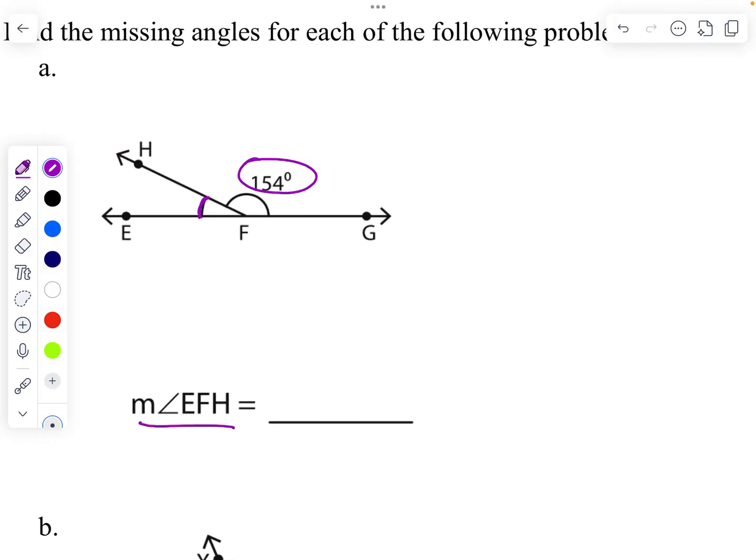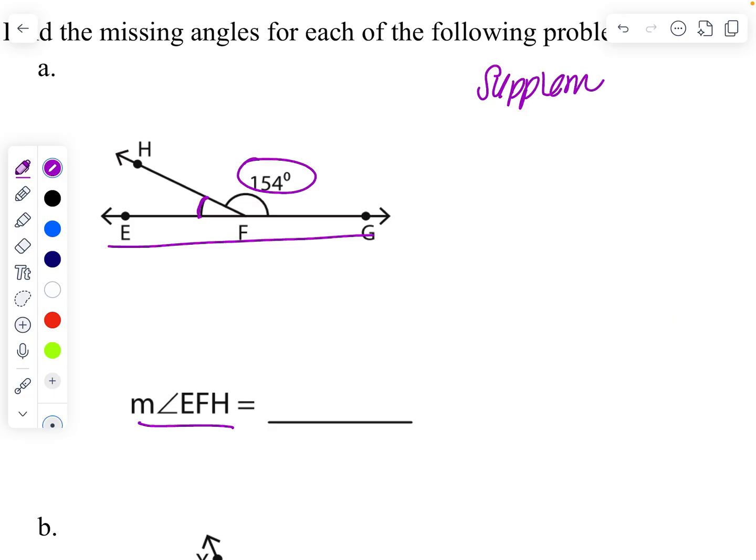So first things first, I'm going to determine which type of pair I recognize. So these 2 are on a straight line, meaning that this is supplementary. And what I know about supplementary angles is that they are always equal to 180 degrees.